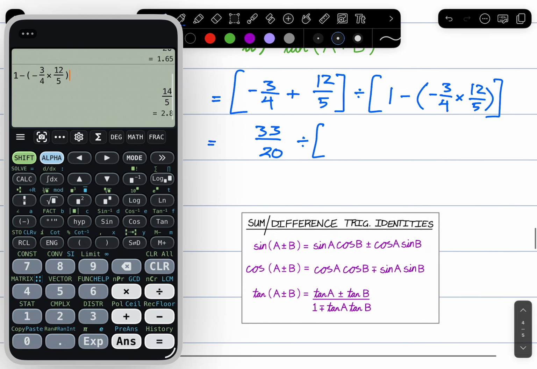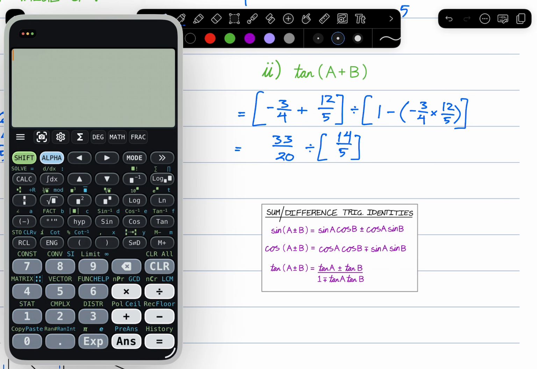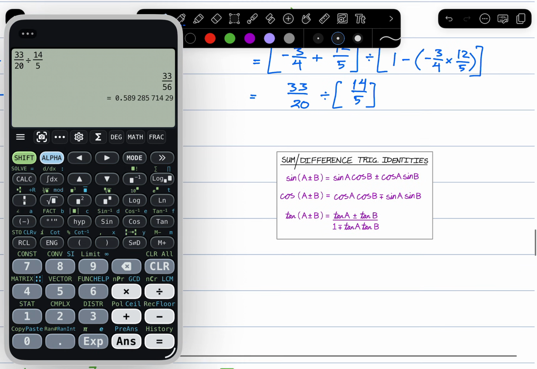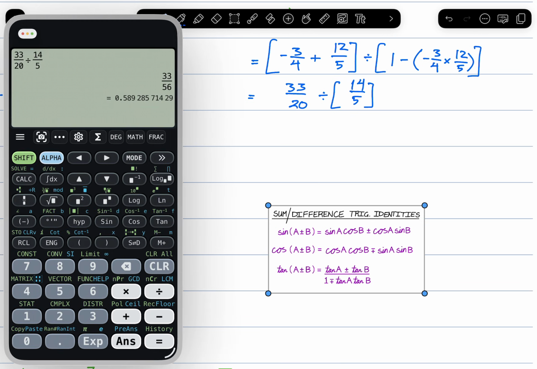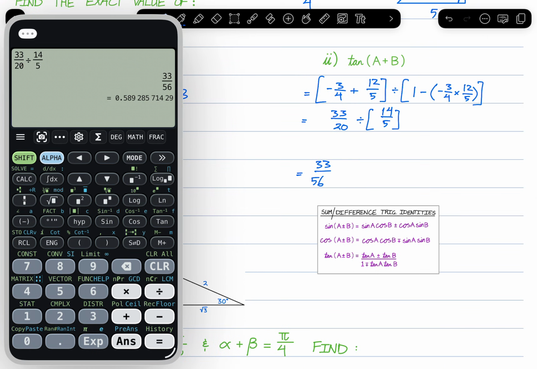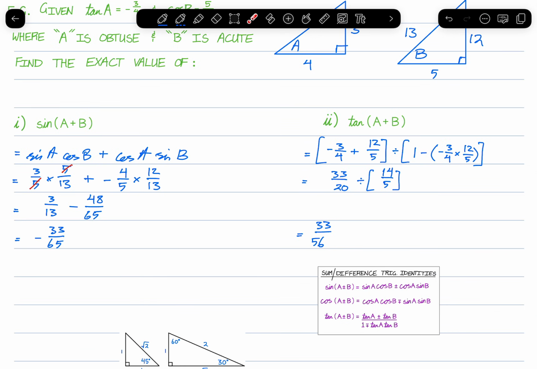This gives me 14 on 5. And lastly, 33 on 20 divided by 14 on 5. And this gives me exactly 33 on 56. So tan of A plus B, based on this scenario, gives me 33 on 56.